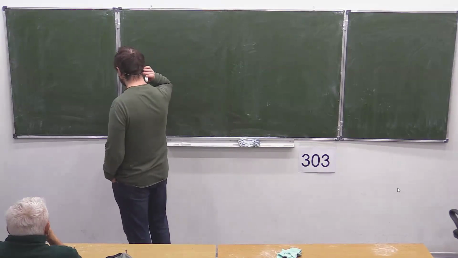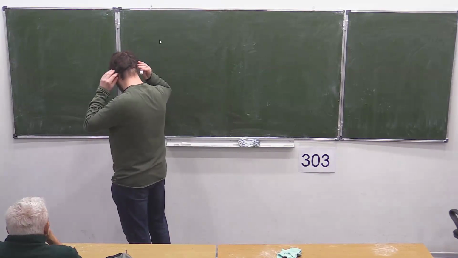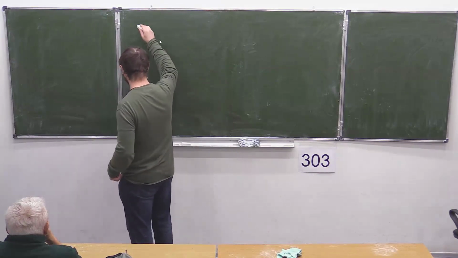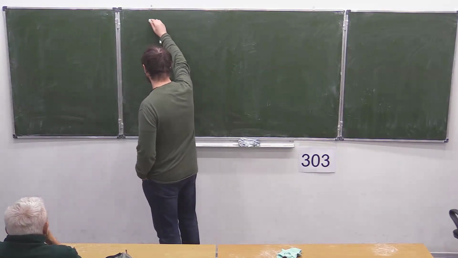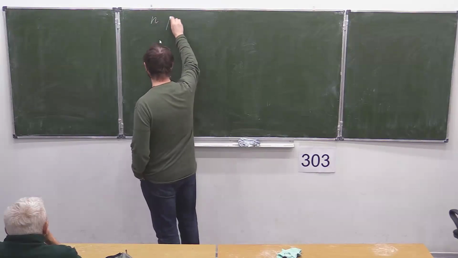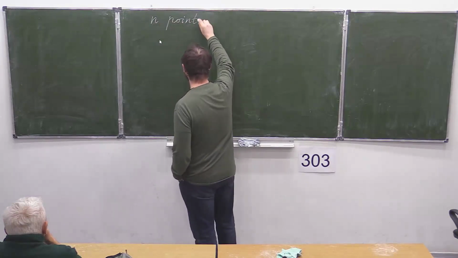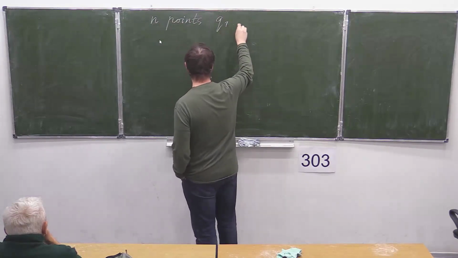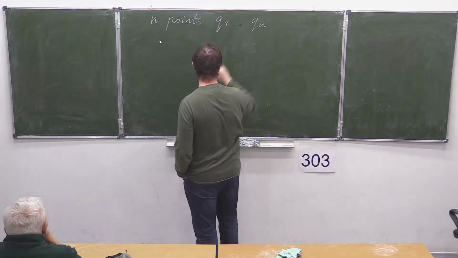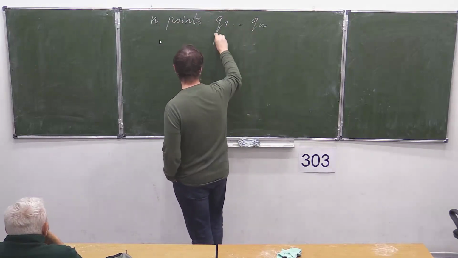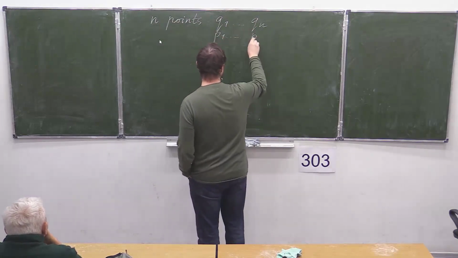So the classical Toda system is classically defined as the following Hamilton equation. Suppose you have n points on a straight line with coordinates q1 to qn, and momenta p1 to pn.